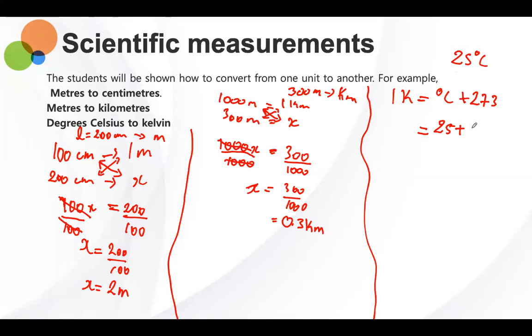Sir, can you repeat? I didn't hear. 273. Now what would this be in Kelvin? 25 plus 273. 298.